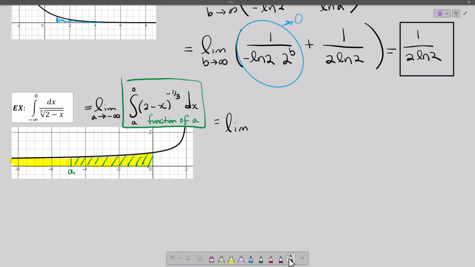So this we will have to use reverse chain rule. That 2 minus x has a derivative of -1. So it's going to be 2 minus x to the 2/3 when we add the 1. Then we divide by 2/3, which means multiply by 3/2.